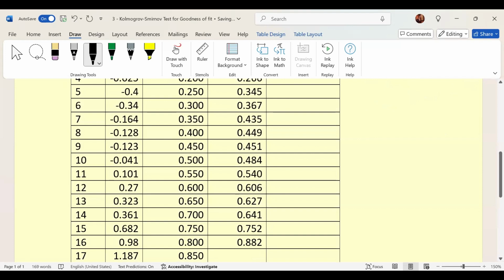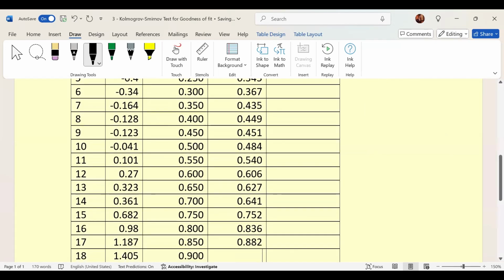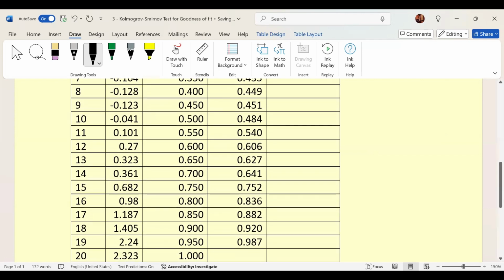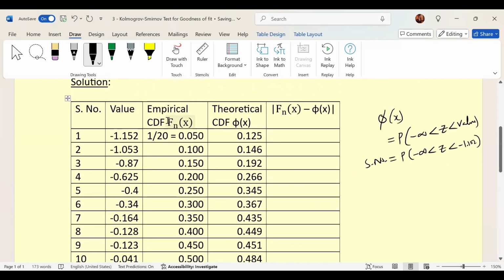Then for 1.187, it is 0.882. Then for 1.405, it is 0.920. Then for 2.24, it is 0.987. Then for 2.323, it is 0.990.